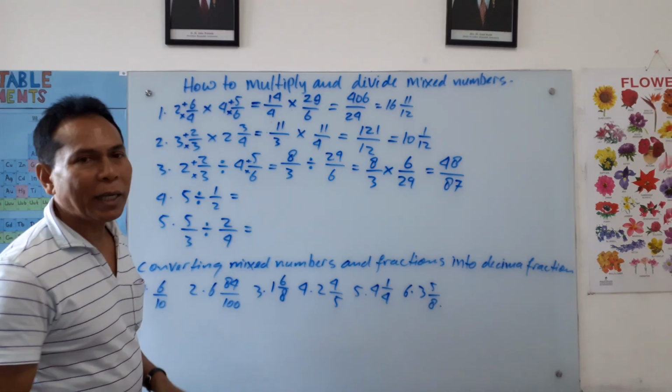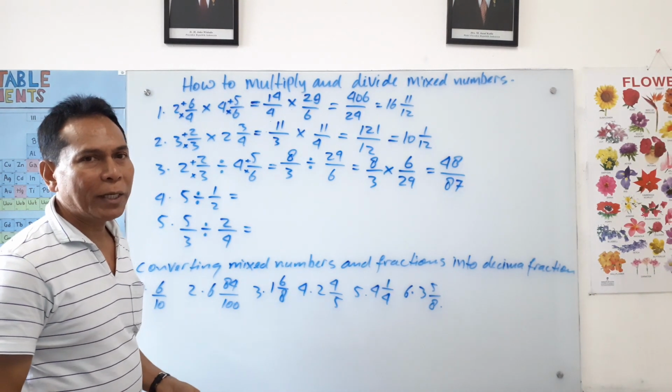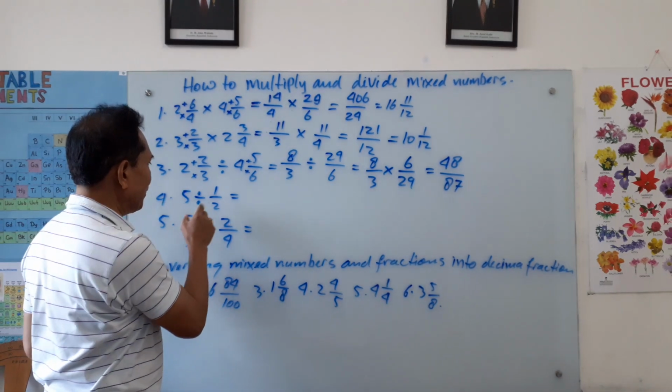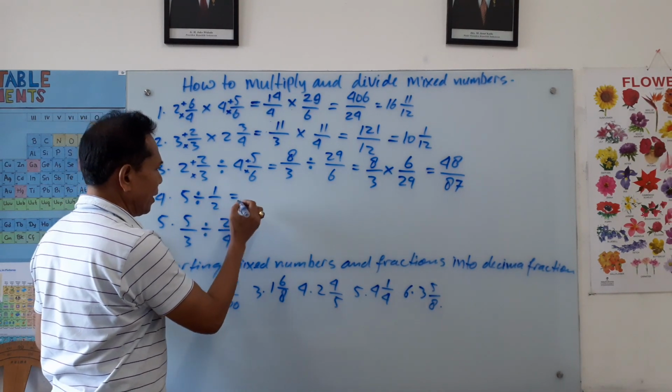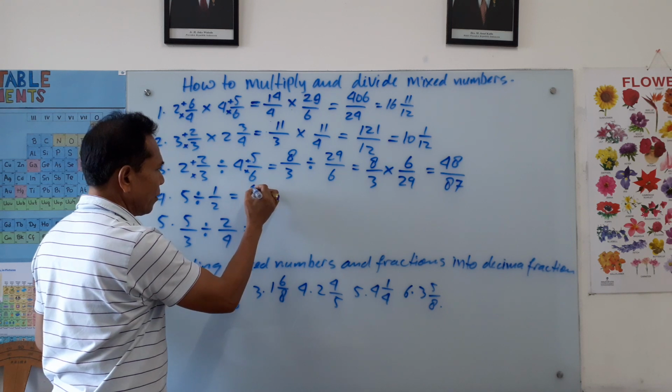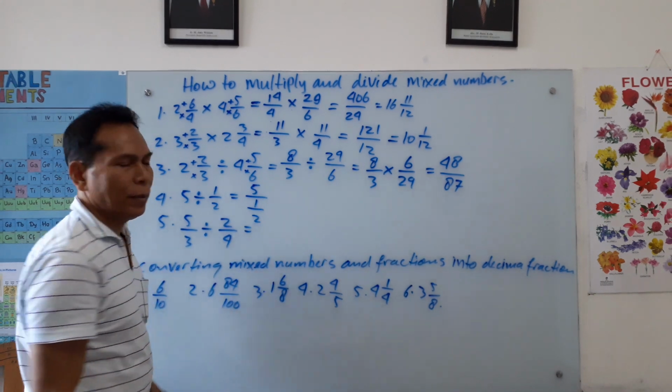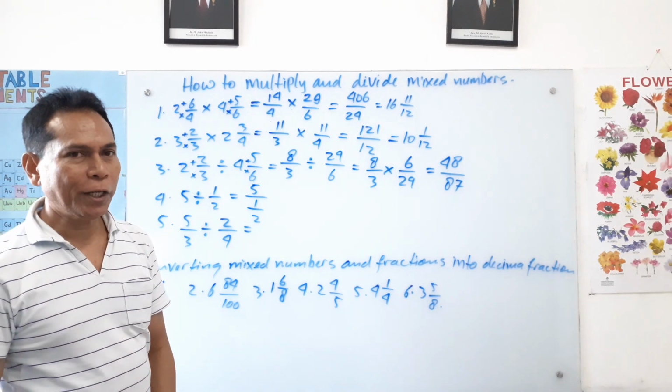5 divided by half, okay? Another way to write this is 5 over 1 over 2. Alright, children?